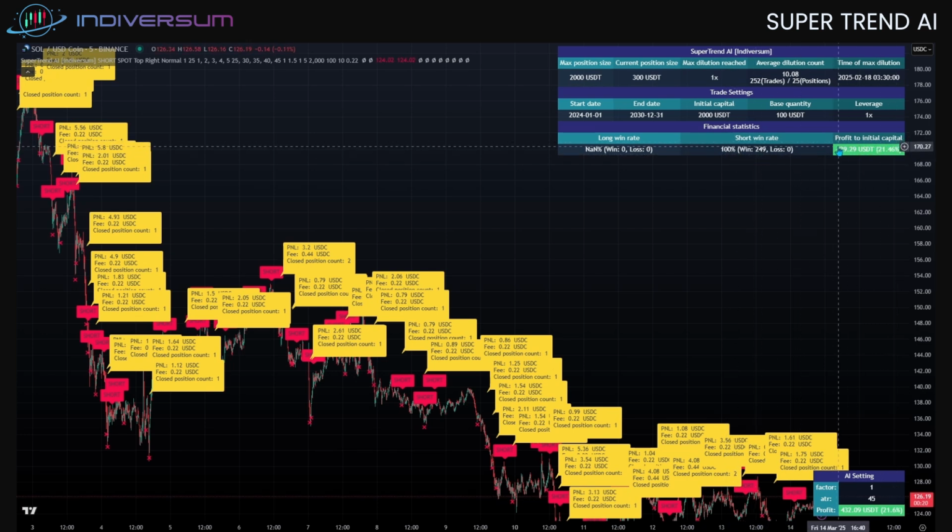Profit to initial capital. This shows how much profit was generated compared to our starting balance. Here, the strategy made $429.29 USDT, which is a 21.46% return on the initial capital. By analyzing these numbers, we can better understand our strategy's past performance and optimize it for future trades.